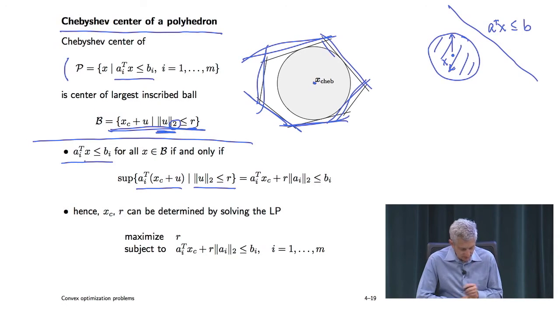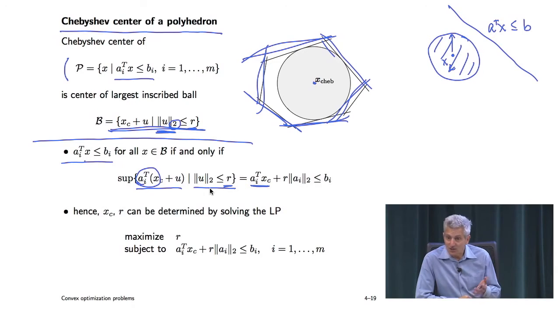Okay, well, let's take a look at those numbers. Well, the first doesn't depend on u, so that just comes right out. So we want to find what is the largest possible value of a_i transpose times u. Well, we can vary u over everything that has length up to R. The Cauchy-Schwarz inequality tells you the following.